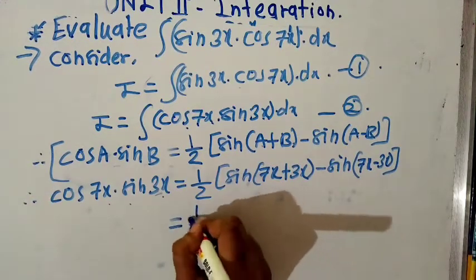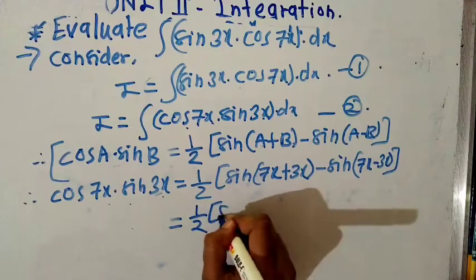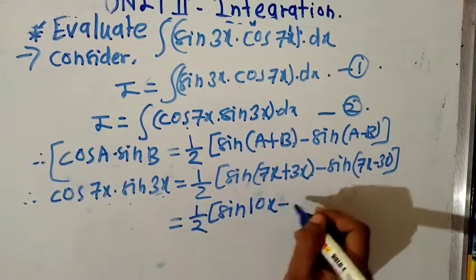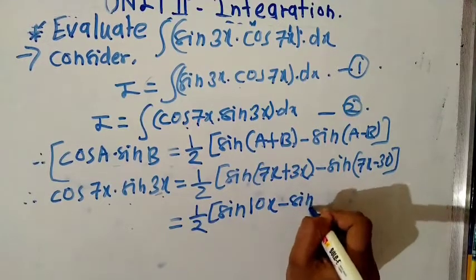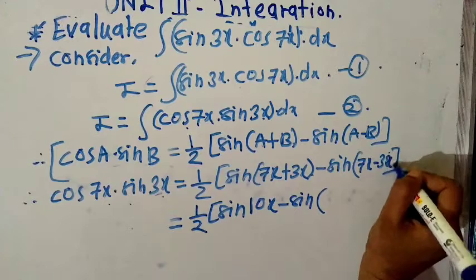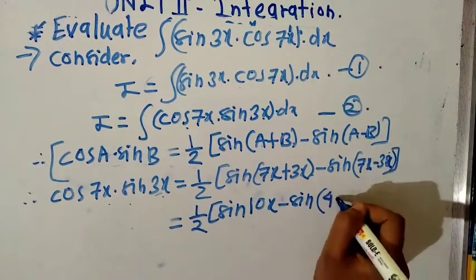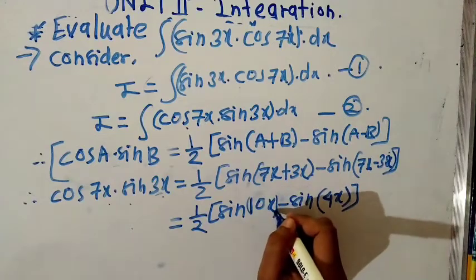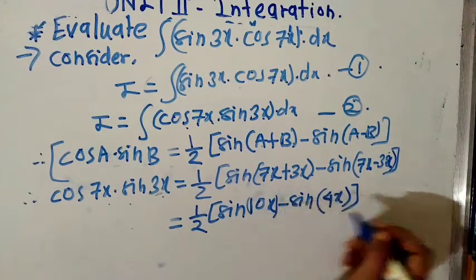Which is equal to 1 by 2 into sin 7 plus 3, that is 10x, minus sin 7x minus 3x, which is 4x. So we use this formula.